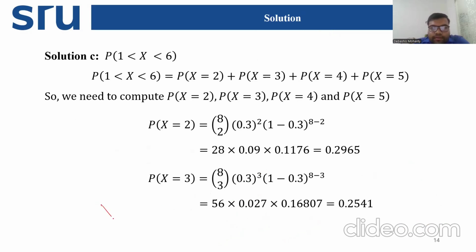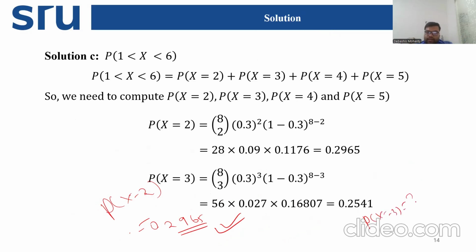So let's see the solution itself. Probability of x equals 2, they have calculated, that is equal to 0.2965. Next, probability of x equals 3. You can calculate it: 0.3 to the power 3, (1 minus 0.3) to the power 8 minus 3.